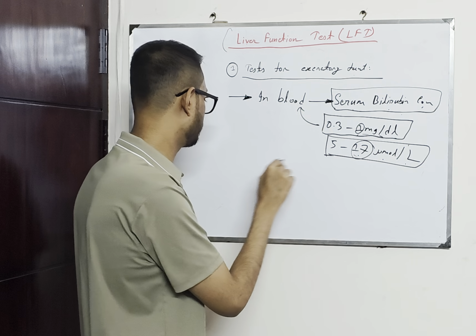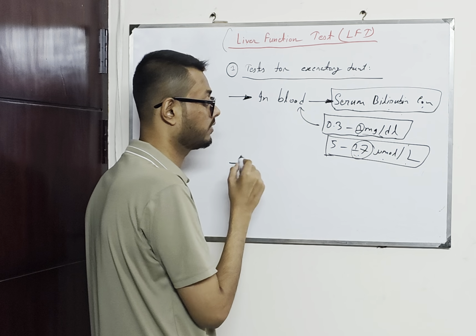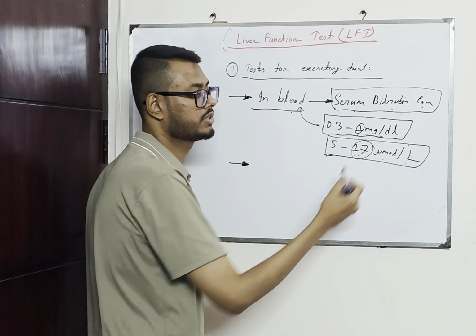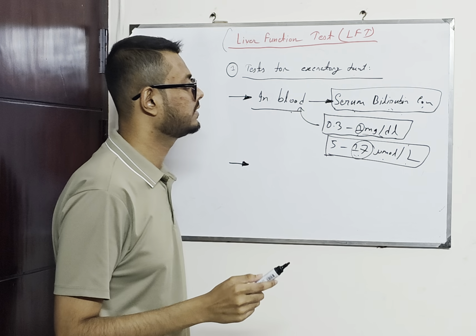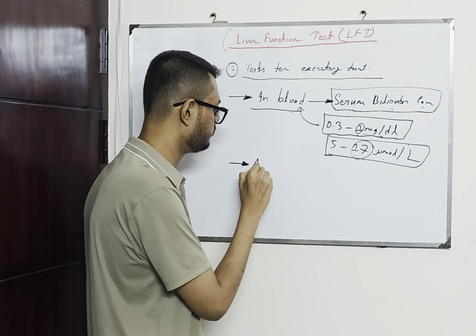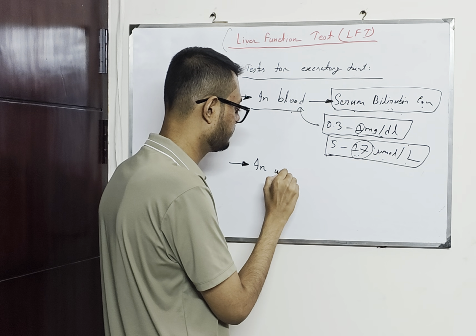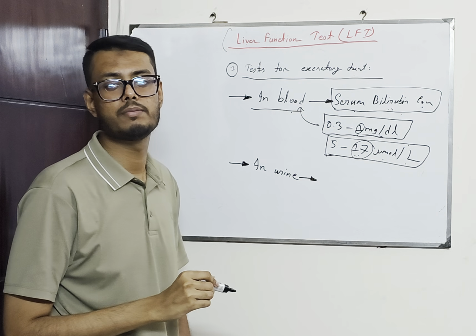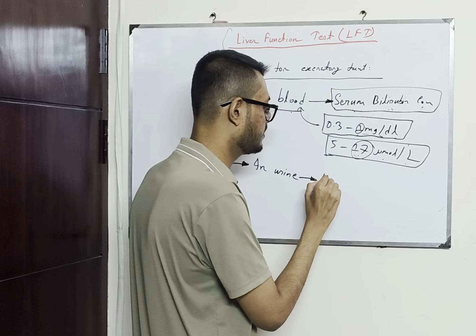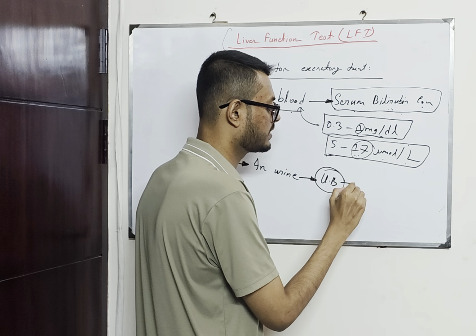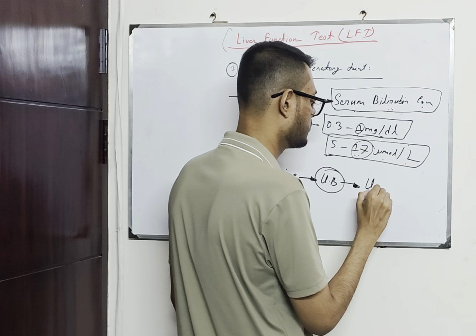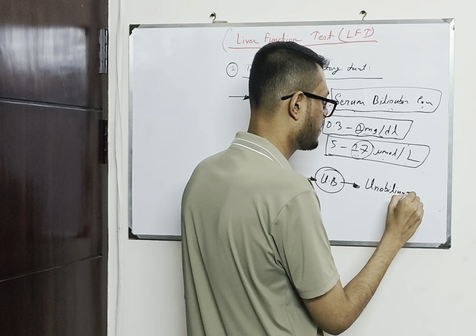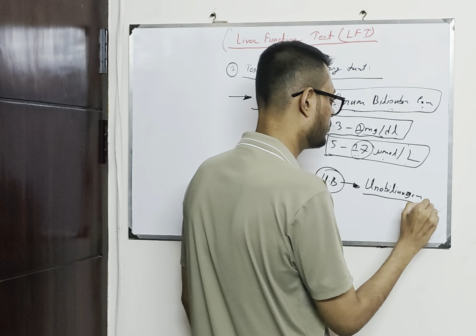Okay, so we have said the serum bilirubin concentration in blood. We know that in urine, there is a urinary bilirubin product known as urobilinogen.